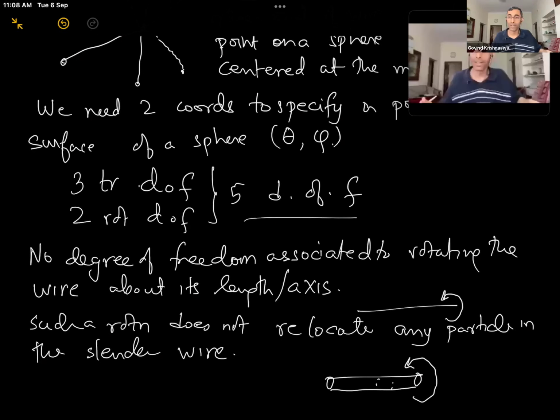Very good, that's very pertinent. These are really two different systems, a rigid body of zero thickness and a rigid body of non-zero thickness. They have different degrees of freedom, and their physics are different. In particular, there can be a rotational energy associated with such a rotation, whereas here there is no such rotational energy if it's infinitesimally thin. Any further questions about this nice little problem?